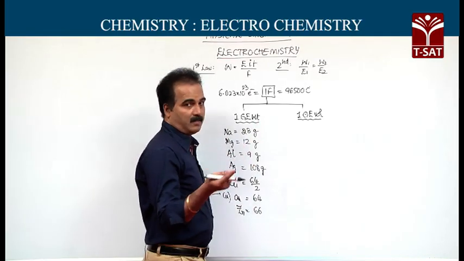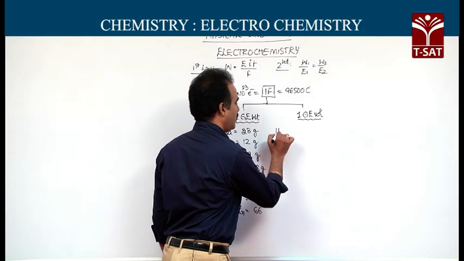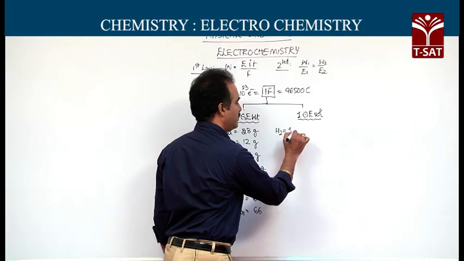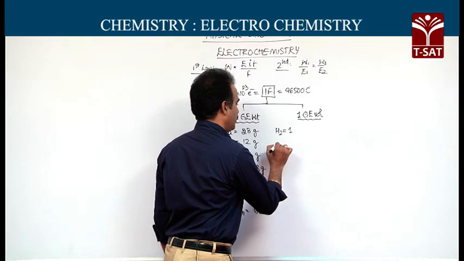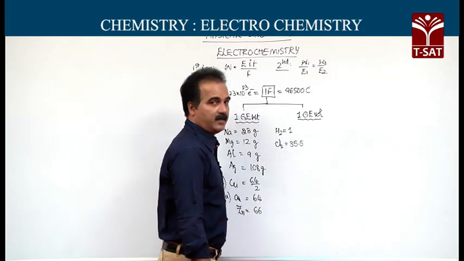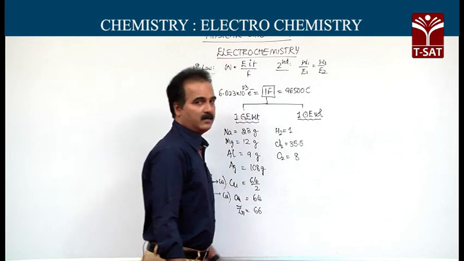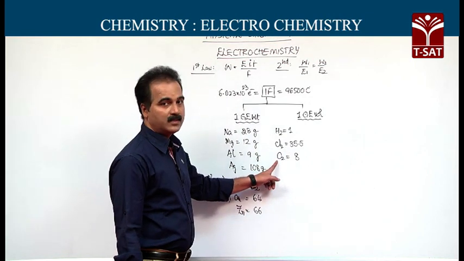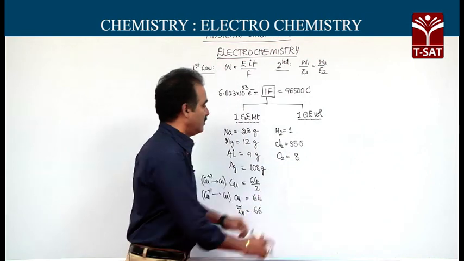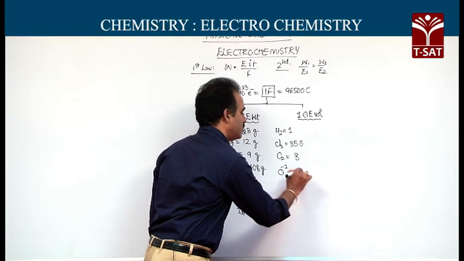Coming to non-metals like hydrogen, chlorine, oxygen: hydrogen equivalent weight is 1, chlorine equivalent weight is 35.5, and oxygen equivalent weight is 8. Here, oxygen equivalent weight is 8 when it comes from the -2 oxidation state, the oxide ion, where valency is 2.